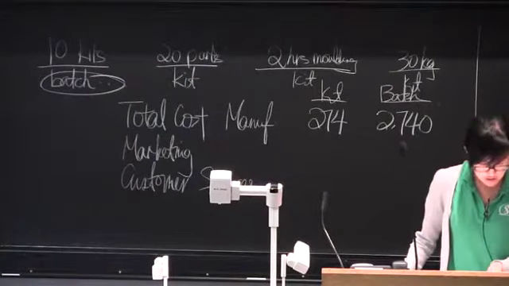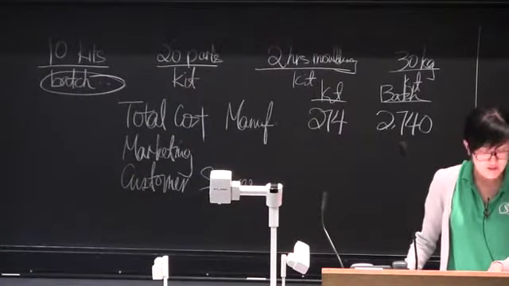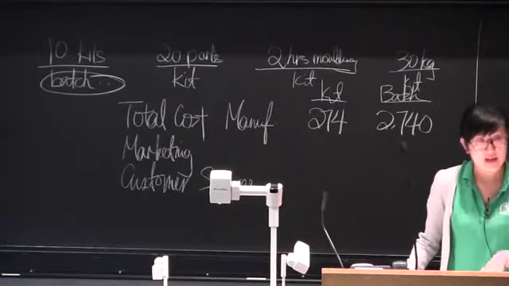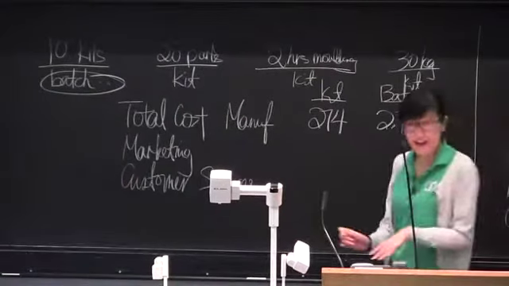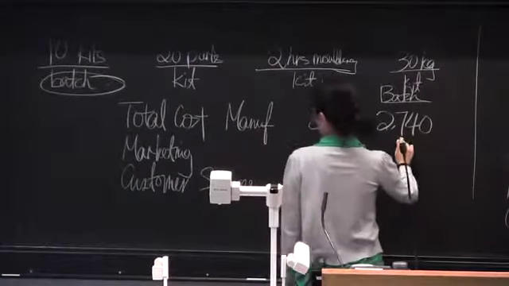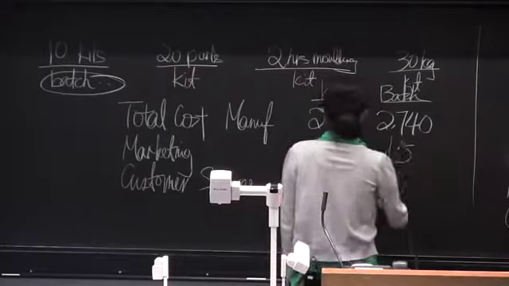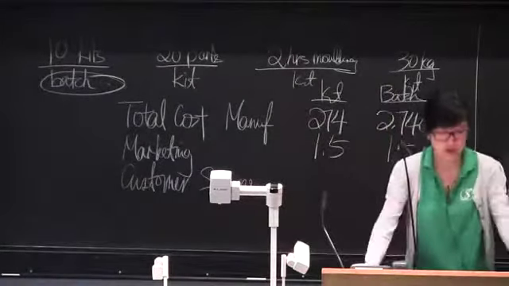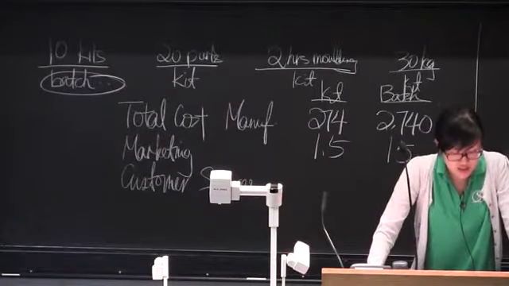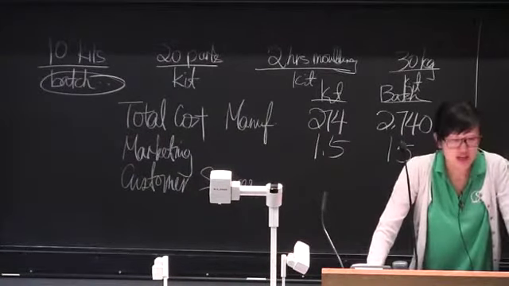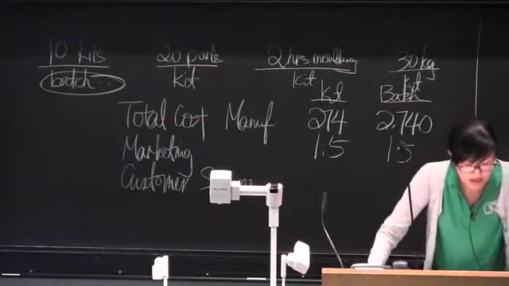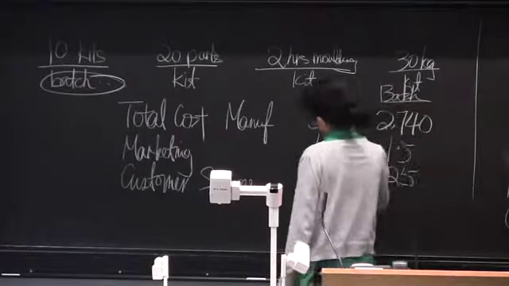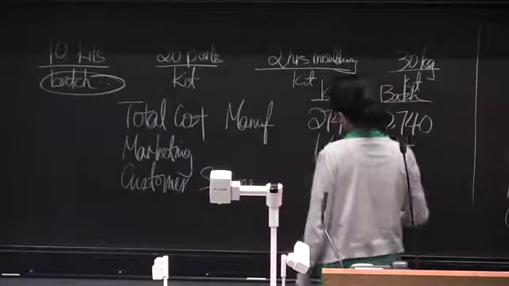So the per batch cost will be $15, right? So per batch, my marketing is $15. That means my per kit is 1.5. Customer service, $25,000, produced 1,000 batches. That means my cost per batch was $25. My customer service was 2.5 per kit.